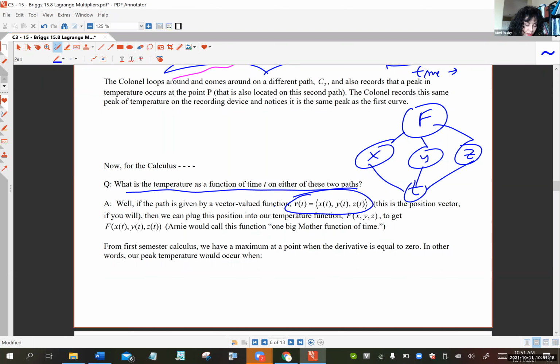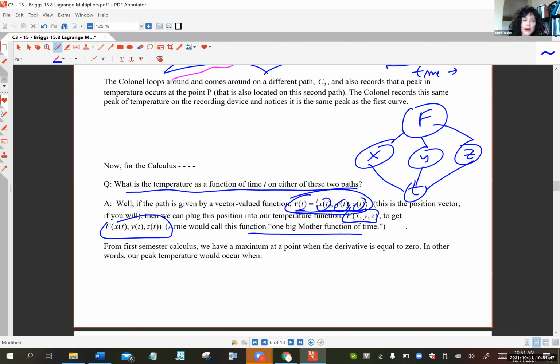Your vector valued function, which is also a function of time, can be given to you, and these are the paths that Colonel Esteban has taken. You can write a vector valued function for any of those curves, r of t with components x of t, y of t, z of t. So in your function, big F, you can plug in x of t, y of t, z of t, since they still satisfy the function because you're on the curve.